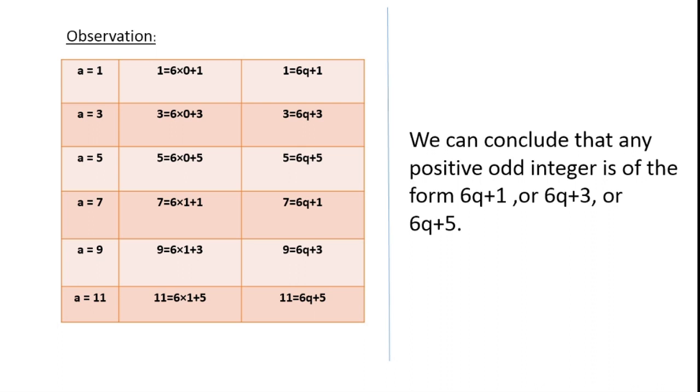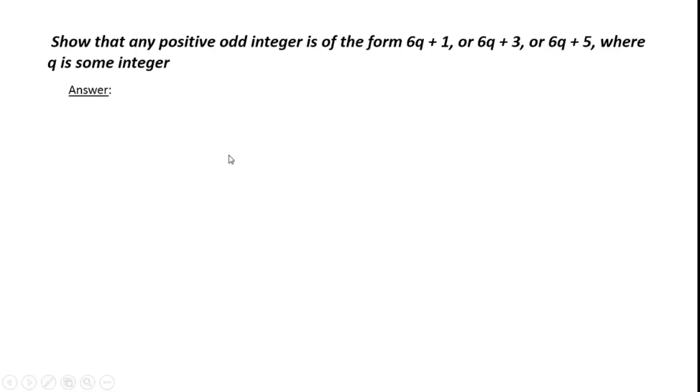Now I will show one more method to prove this. Let a be any odd positive integer and b equal 6. From the question only I am taking this. Now dividing a by 6, we get a quotient q and the remainder r.